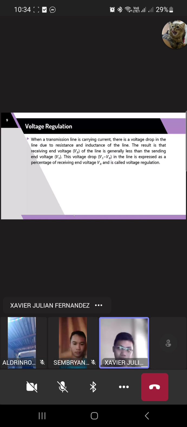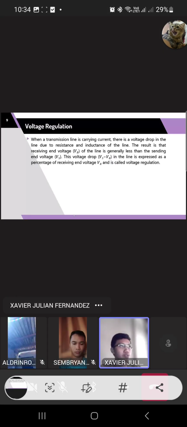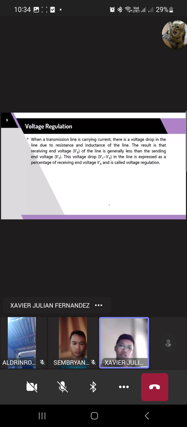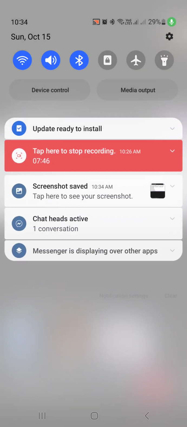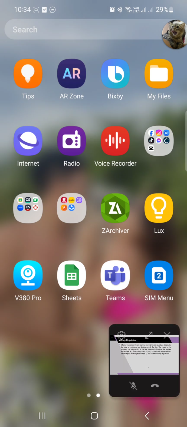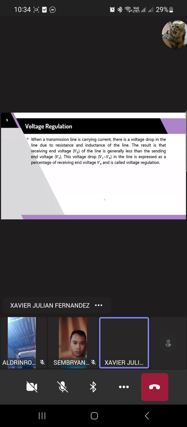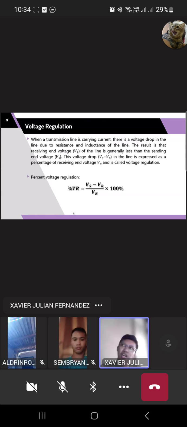Very similar with our machines, in apparatus classes, the voltage regulation is either, let's say, in minus out, all over out, for generators or transformers.